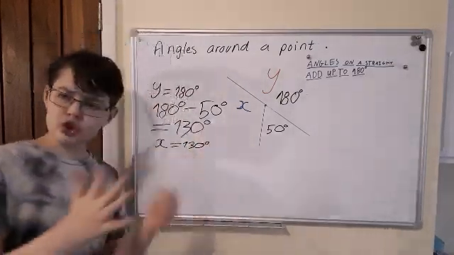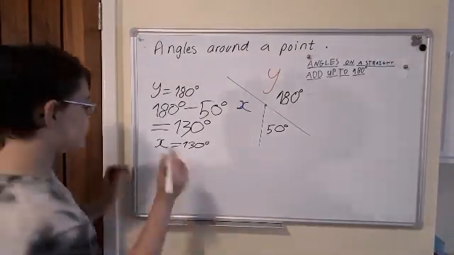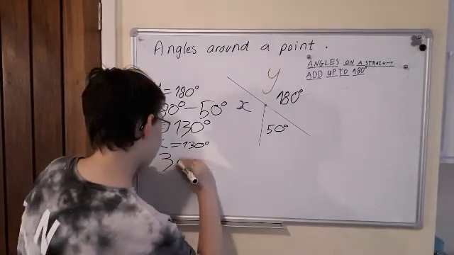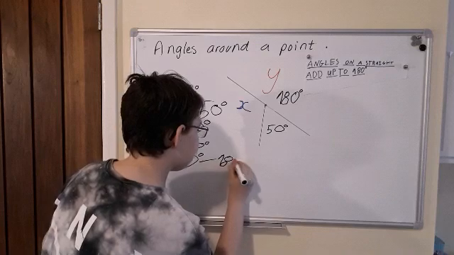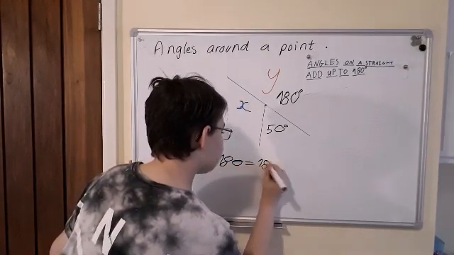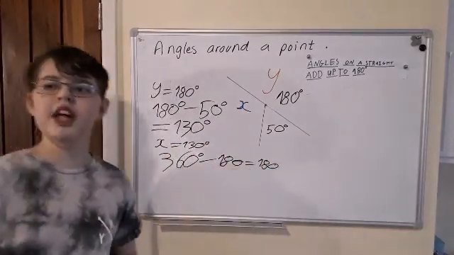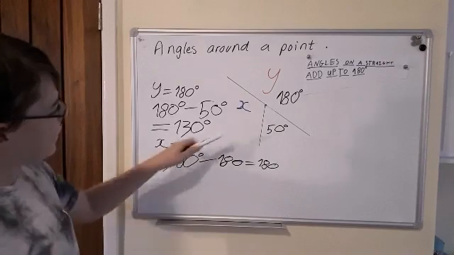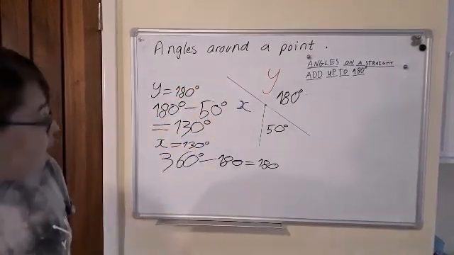Now let's double check this. Let's double check this by doing 360 minus 180 equals 180. So yeah, definitely both halves add up to 180, meaning that we can in fact confirm this side is 180 minus 50.